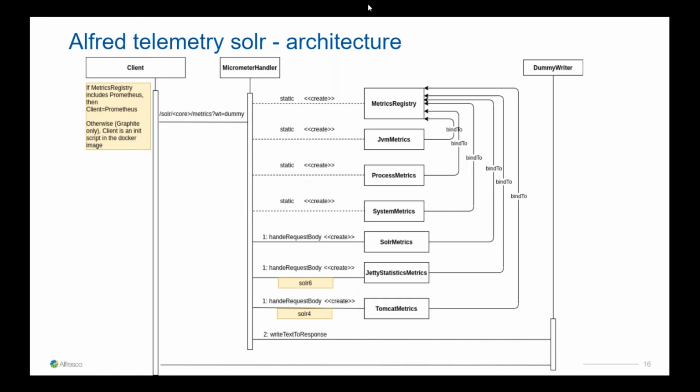In the case of Graphite only, metrics are being pushed to Graphite and the output of this script is not being used. Nevertheless, it's handy to check what's happening and to see the metrics.